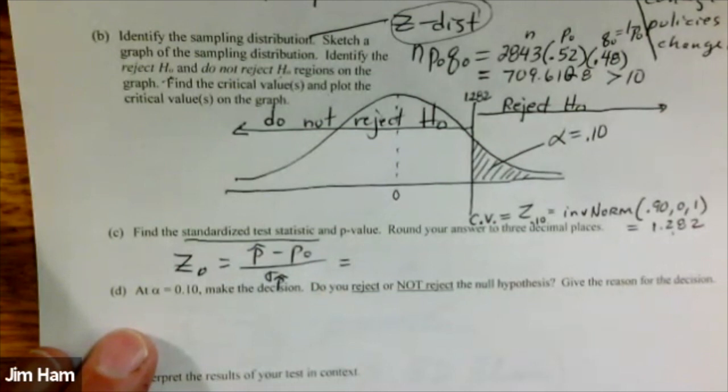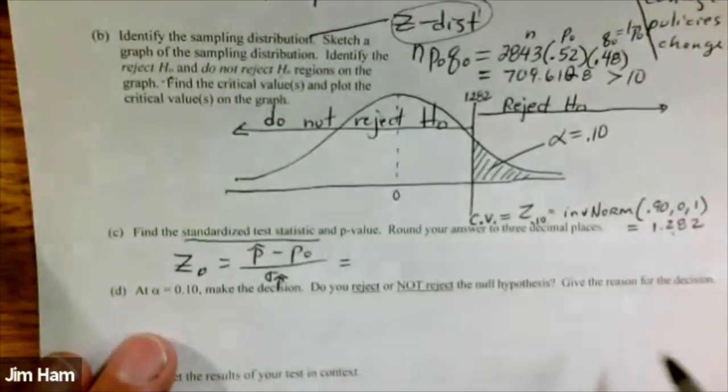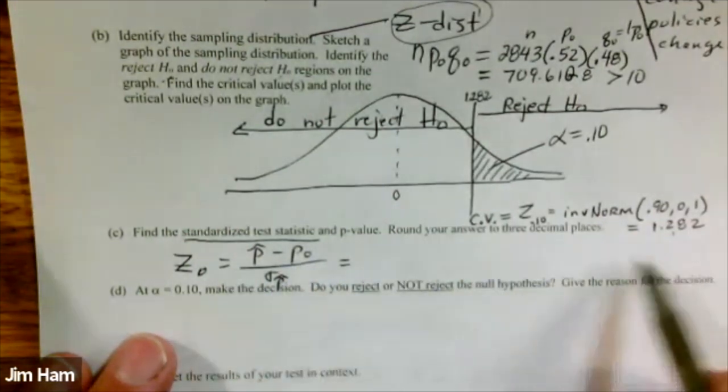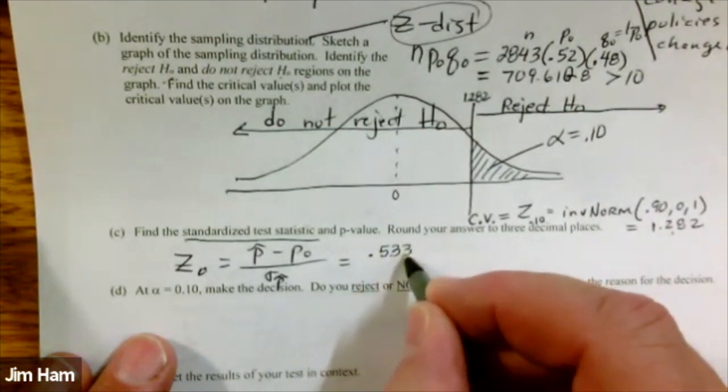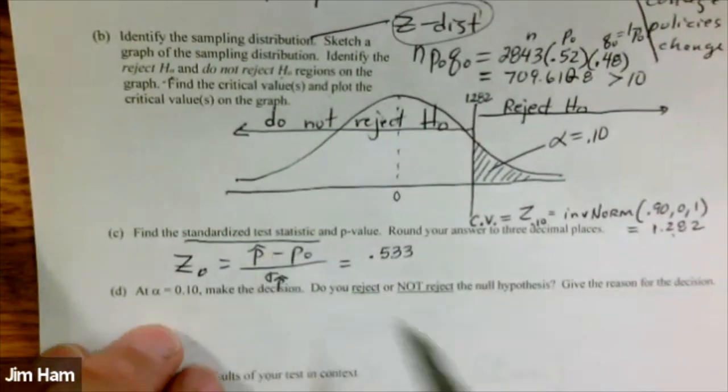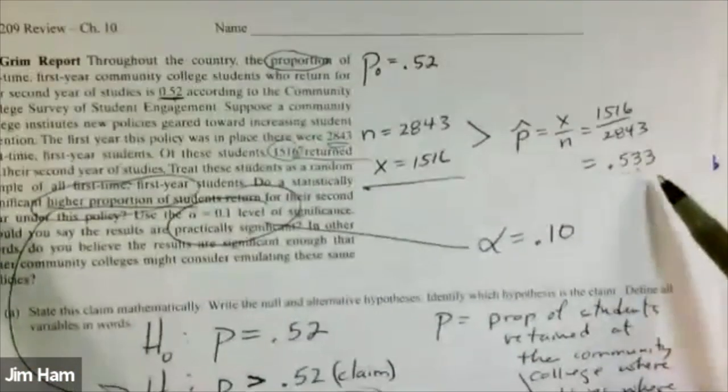Now, normally I wouldn't even bother with this formula because the calculator function will give us this value. But I'll calculate it this time. We have 0.533. Okay, remember our sample proportion that we calculated up here?